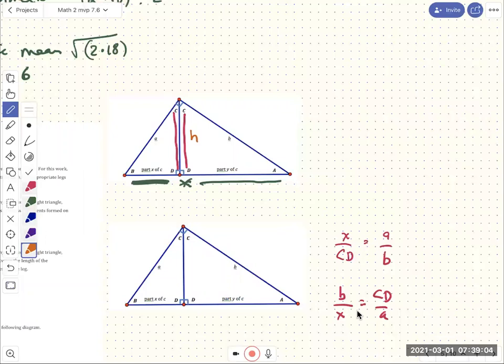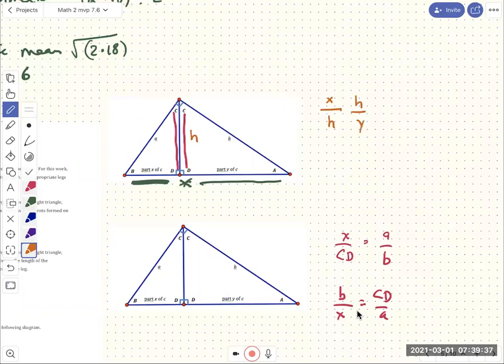For the small triangle, we have X is to H, as we have for the medium triangle, as H is to Y.